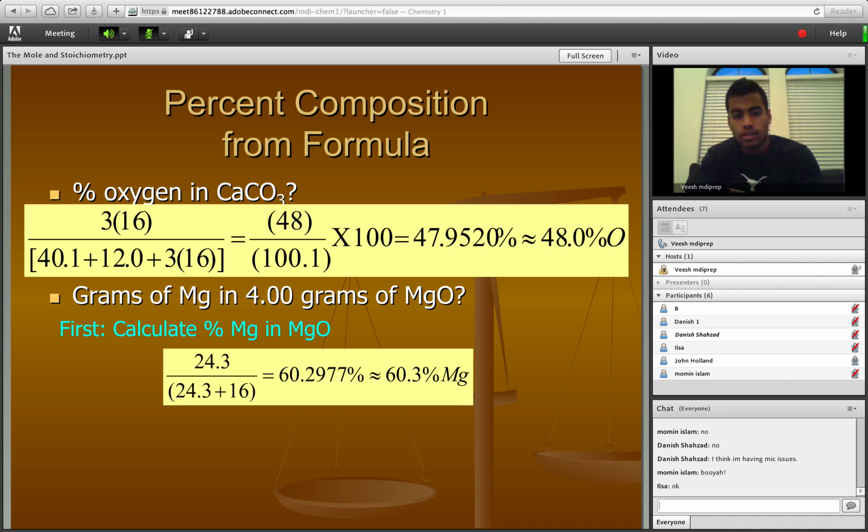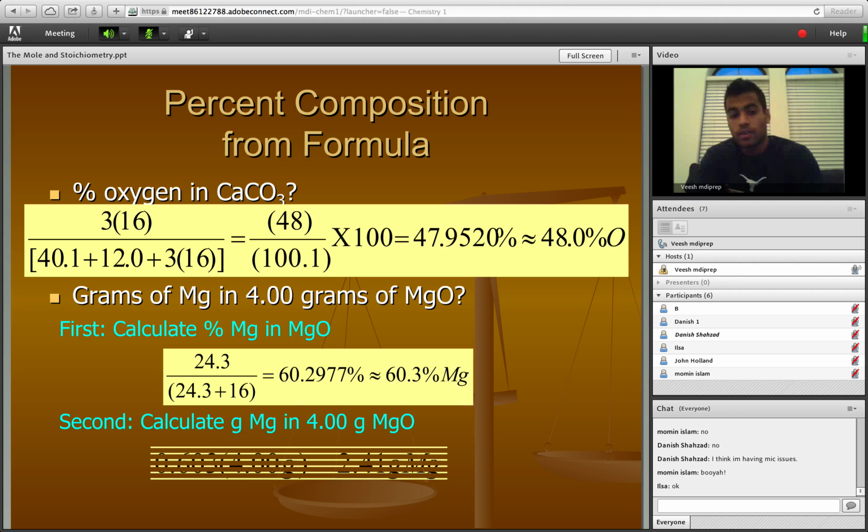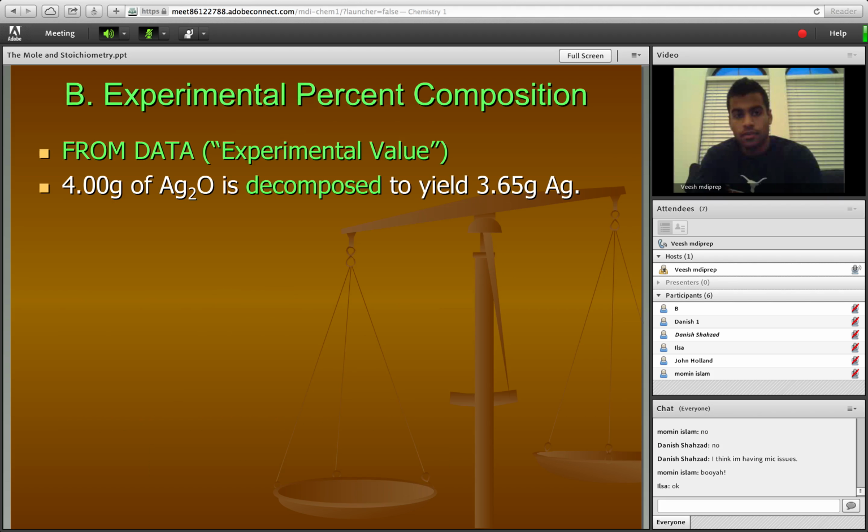Yep, so you first calculate the Mg by doing exactly what you said, 24 over the total. That gives you 60%. And then you just find 60% of the 4, which is 2.4. So, yep. You guys have a hang of the percent composition.